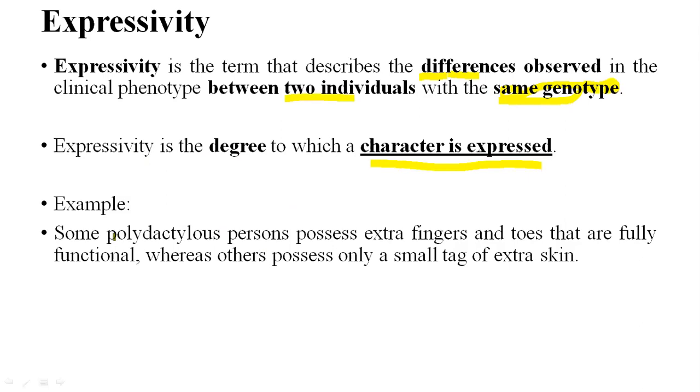That is, some polydactylous persons have extra fingers and toes that are functional, but others possess only a small tag of extra skin. So this is the variation. Same genotype is present, but some have the extra finger and toe and they are functional. And in other persons, they have the same genotype, but they just show extra skin. So this is known as expressivity.